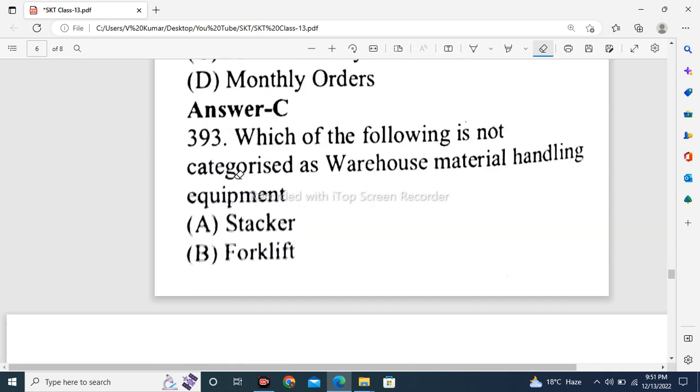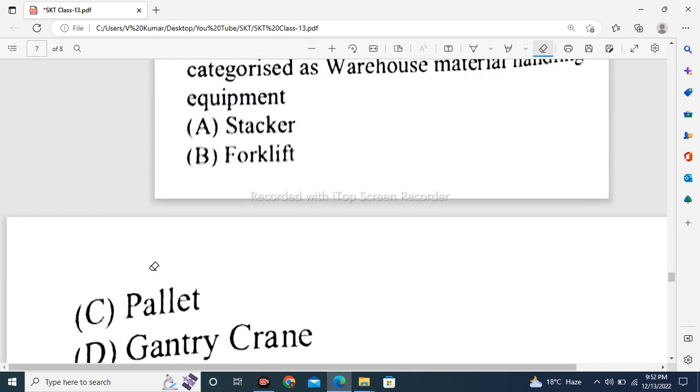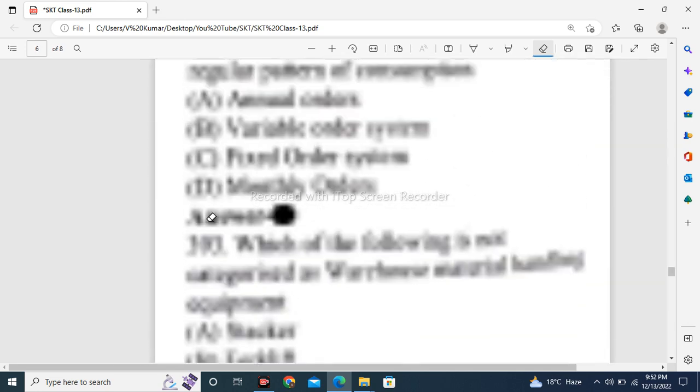नेक्स्ट है which of the following is not categorized as warehouse material handling equipment? A. stalker, B. forklift, C. pallet, D. gantry crane. आंसर है D gantry crane.